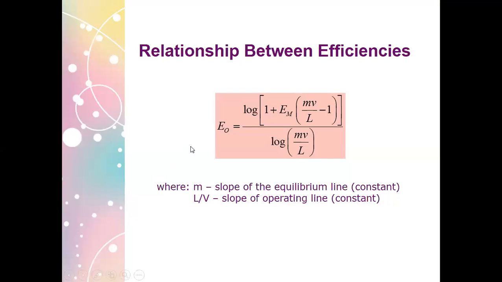As to the relationship of the least fundamental of the efficiencies, the overall tray efficiency, to Murphree efficiency, which is the one commonly used, this is the equation that we can use. The L over V is still the slope of the operating line, and m is the slope of the equilibrium line.